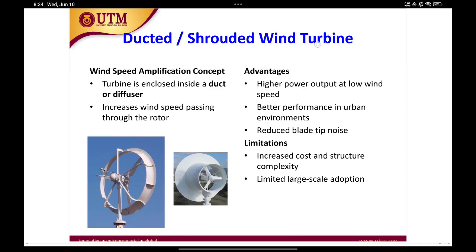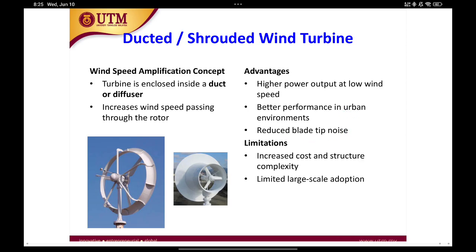Duct or shrouded wind turbine. Instead of making a very large turbine with much larger blades, you put a duct or shroud. Basically the enclosed duct or diffuser increases the wind speed passing through the rotor. Because of that, you get higher wind power, better performance in urban areas, and reduced blade tip noise.